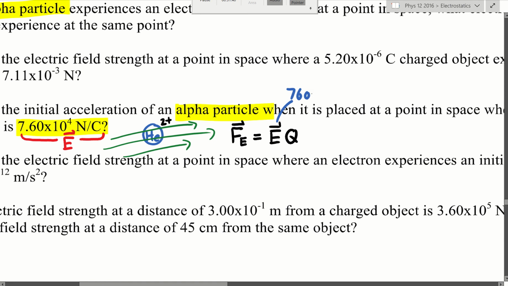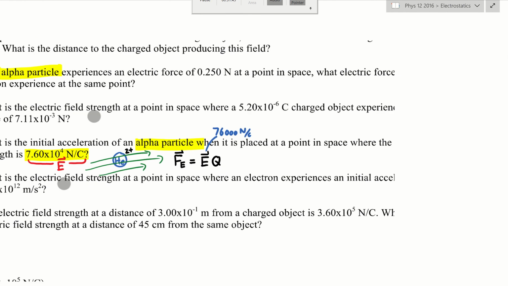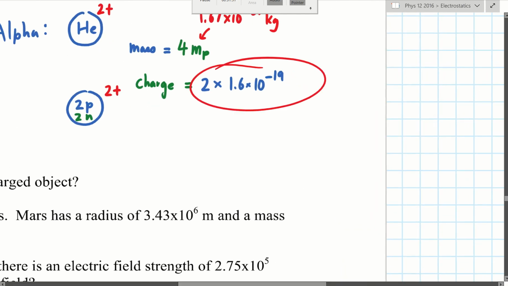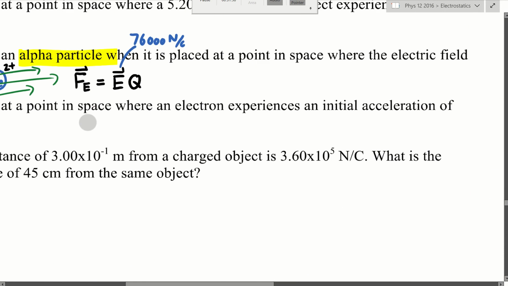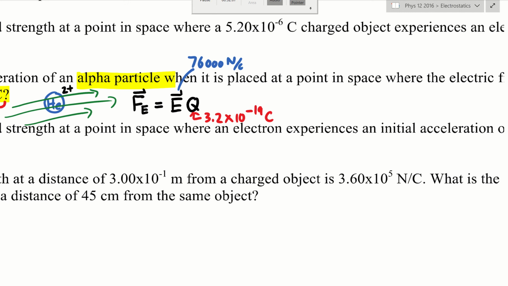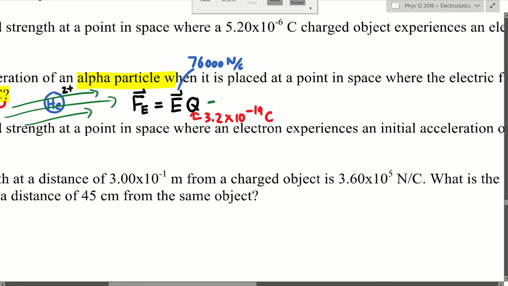That is 76,000 newtons per coulomb times the charge of the alpha particle, which is double the charge of a proton, 3.2 times 10 to the negative 19 coulombs. That comes to roughly 2.4 times 10 to the negative 14 newtons.